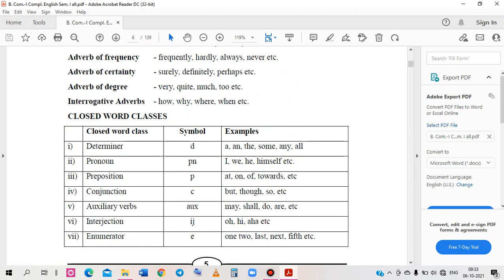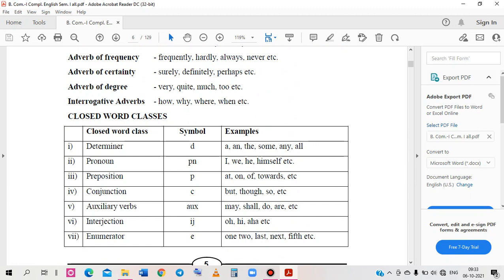So, these seven are the closed word classes. Why are they called closed word classes? Because if we add a prefix or suffix to them, it doesn't create any new meaning. Hence, they are called closed word classes.